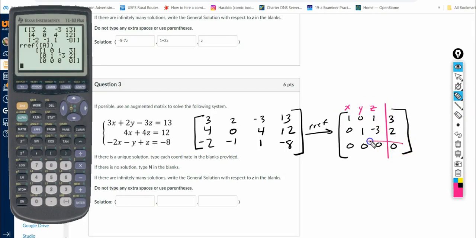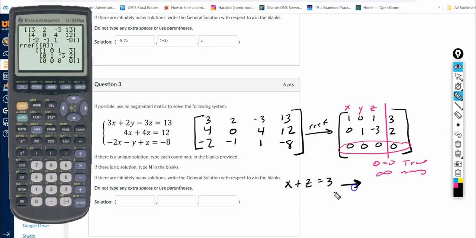Okay, so this tells me 0 equals 0, which is true, but no help, so there are infinitely many solutions. So the first row tells me 1 times x plus 0 times y plus 1 times z is equal to 3.